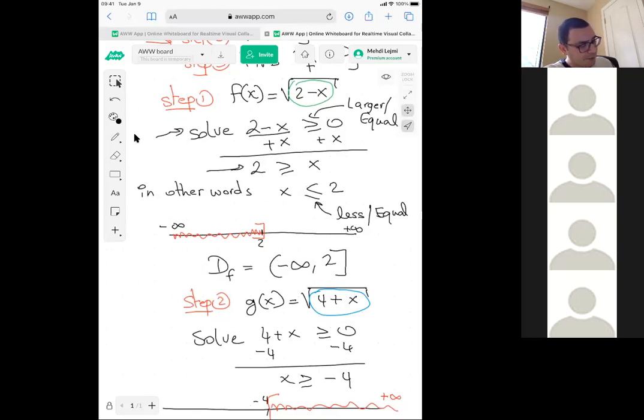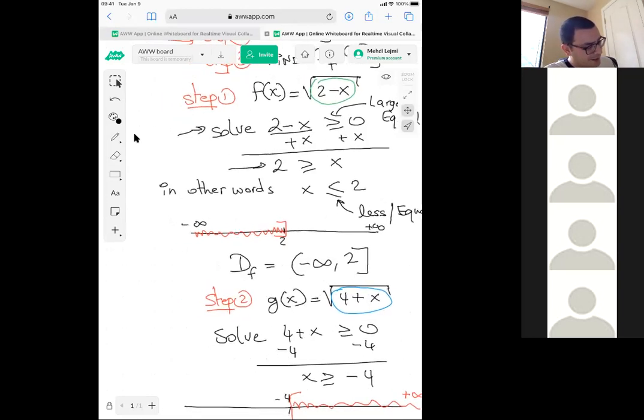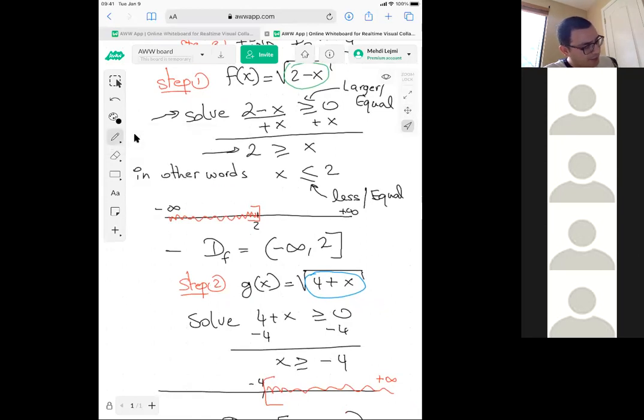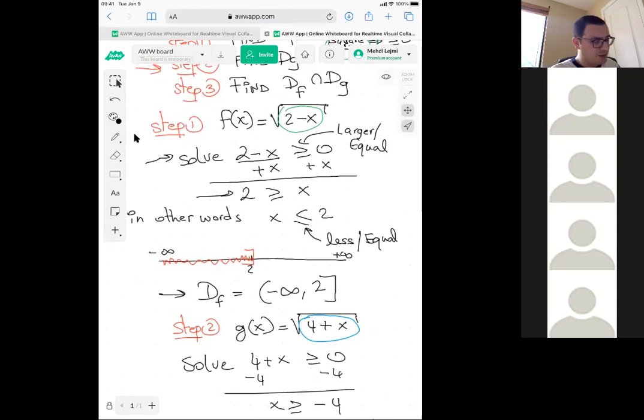But then to find this domain of f, as I said, there are basically two operations you can do. First, if you have a division, then you would solve the bottom is equal to 0. But if you have a square root, you have to solve what's under the square root larger or equal to 0.